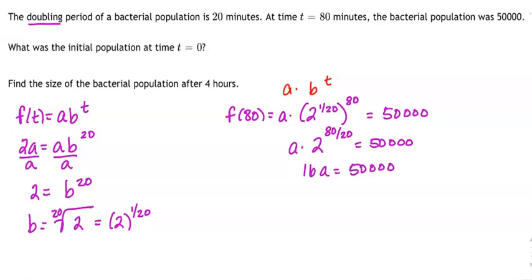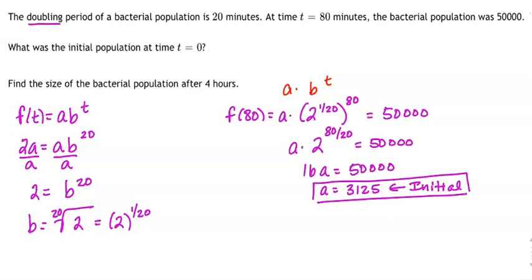But that setup is always going to work out being the same, that you'll have this fractional exponent where the denominator is your doubling time or your half-life, depending which type you're working with, and then the numerator is whatever value we're plugging in. So if we divide both sides by 16, we get that a is equal to 3,125. So this is our initial population.